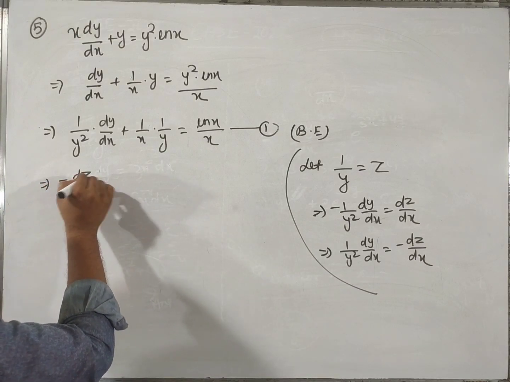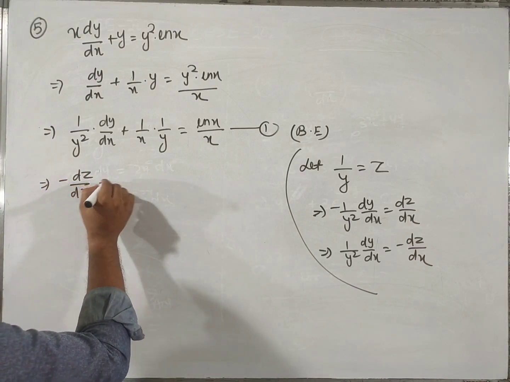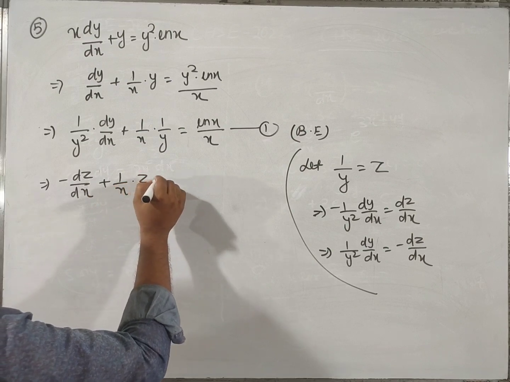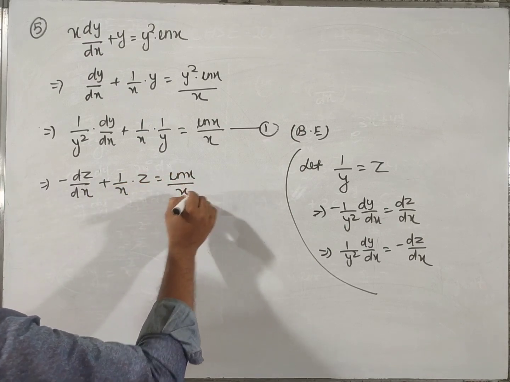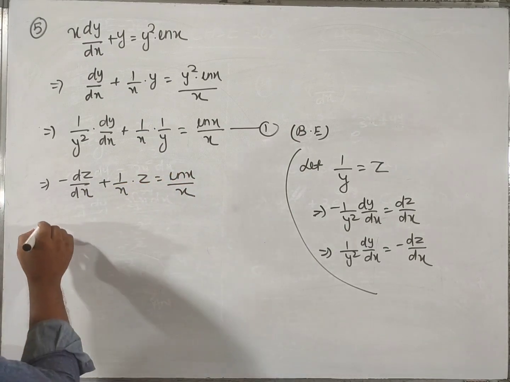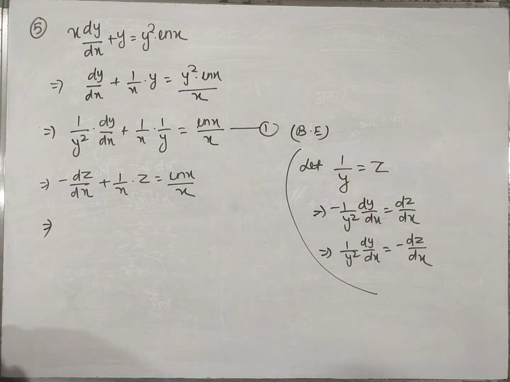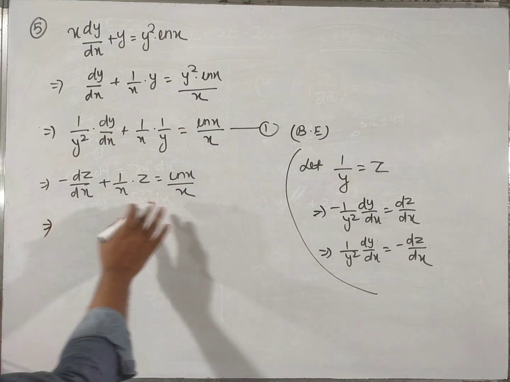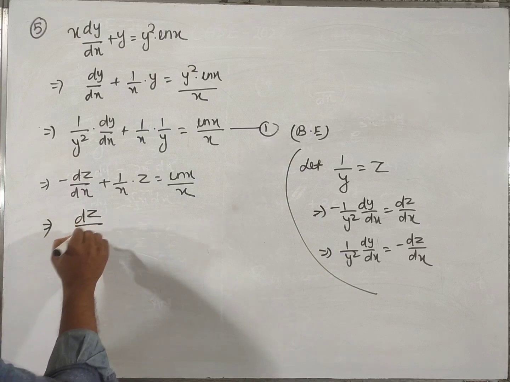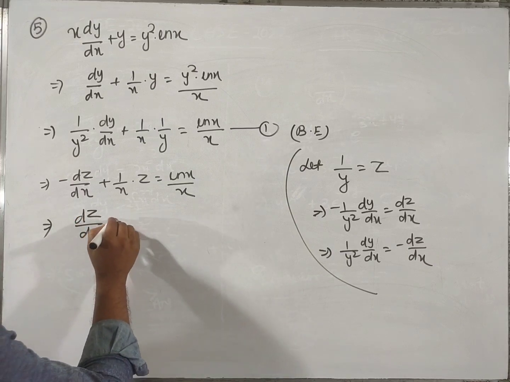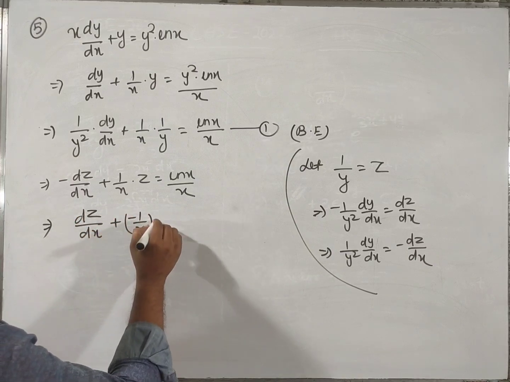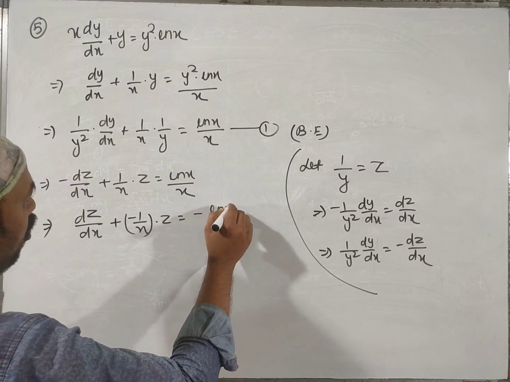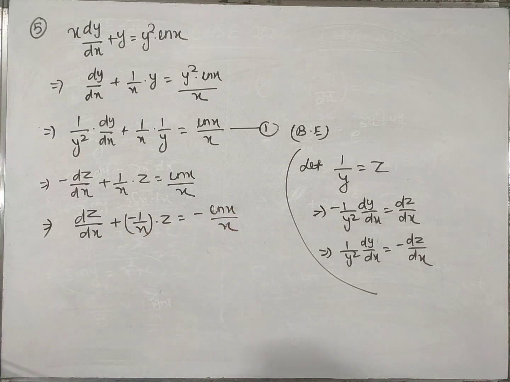So it will be minus dz upon dx plus 1 upon x into z is equal to ln x divided by x. Then multiplying by minus 1 on both sides, we have dz upon dx plus minus 1 upon x into z is equal to minus ln x divided by x.